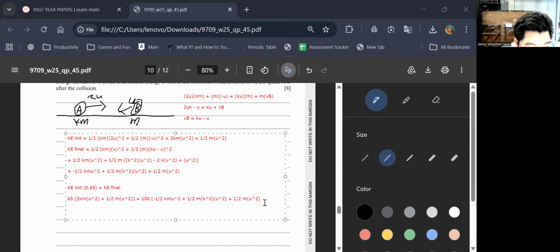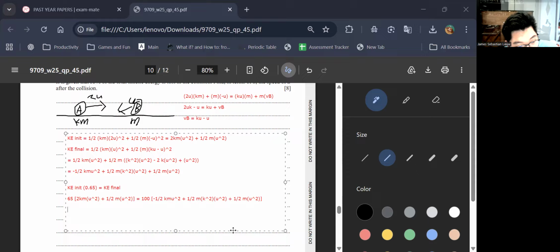By cross multiplying, we can get rid of the decimal, because 0.65 is 65 divided by 100.